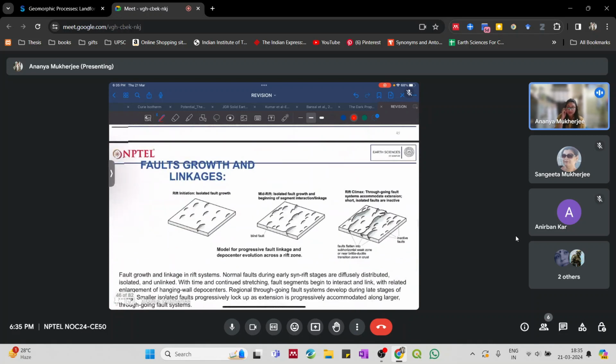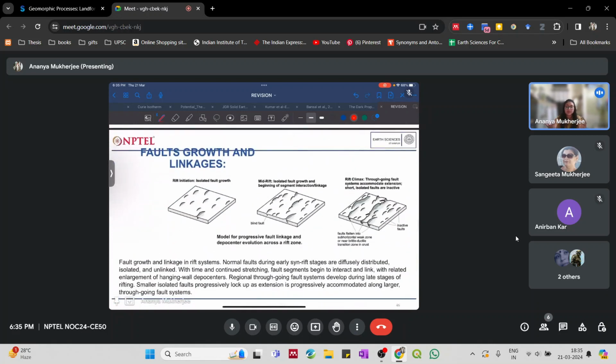Smaller faults can link together and grow together to form longer faulted regions. So you can have progressive fault linkage, and because of that, these smaller faults can coalesce and form bigger, longer faults, and displacement along these faults can happen in future.